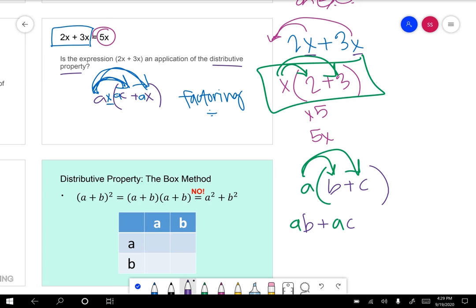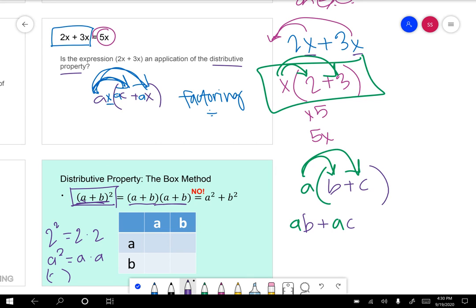Okay, first thing I want to point out, if you ever see something like this where you have some number variable plus some number variable and it's squared, it means you're basically taking that same thing and multiplying it by itself, right? We know that 2 squared is the same thing as 2 times 2, right? So if we had a squared, same thing as a times a.